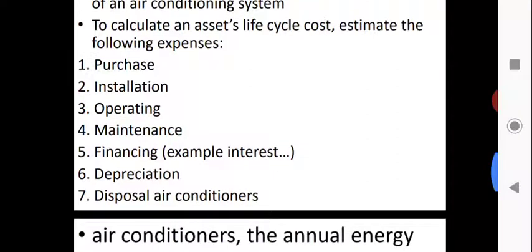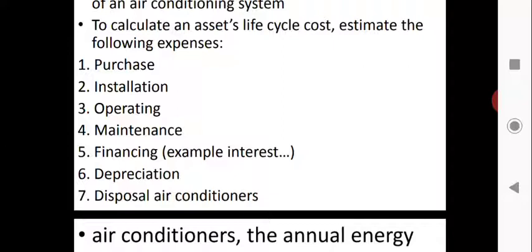Sixth, depreciation. Say after purchasing a particular AC, the AC company, say Voltas, may tell you that it has a warranty of 5 years and a guarantee of 2 years. So this is considering the depreciation also.